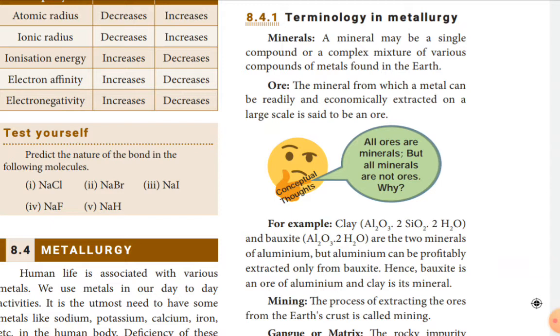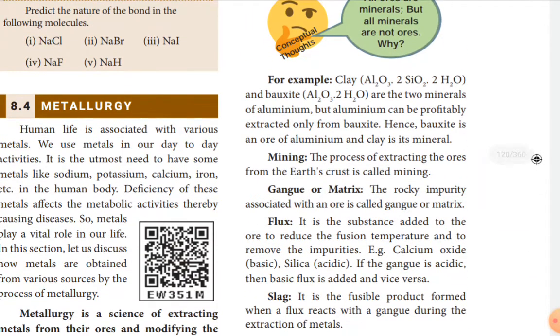Gangue or matrix is the rocky impurity associated with the ore. Flux is the chemical substance added to the ore to reduce the fusion temperature. Smelting is the process of reducing metallic oxide to metal. Slag is obtained when flux reacts with gangue.